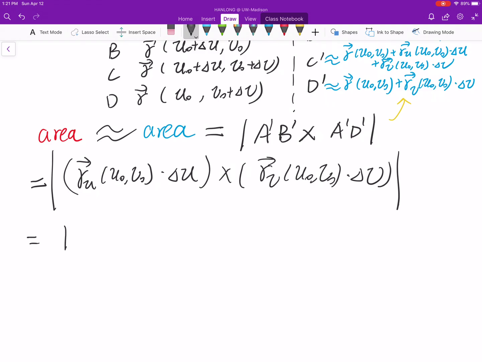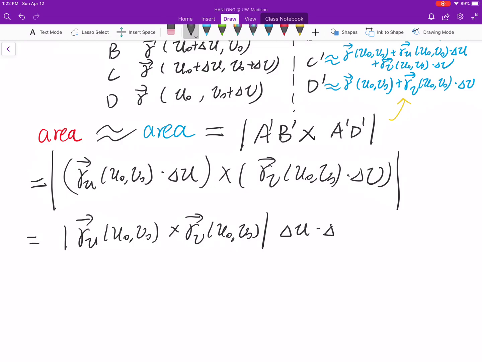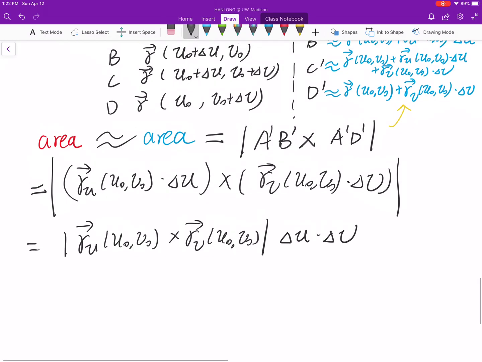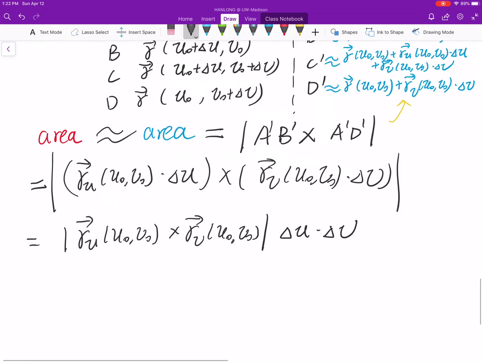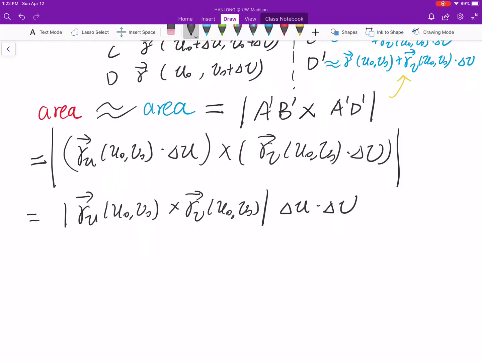Okay, and then you have gamma U U0 V0 cross gamma V U0 V0 and du dV. So that's the area. Okay, next let's simplify this term.